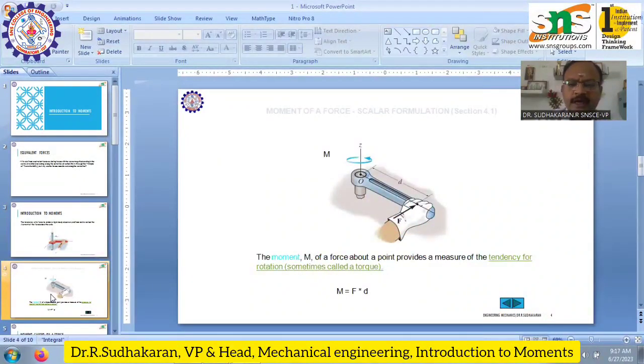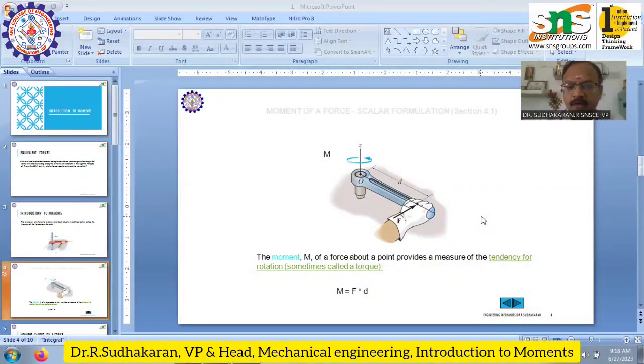Now you can see here, this figure shows a spanner attached to a bolt, and the bolt is made to rotate in the anti-clockwise direction. So the moment of a force about a point provides a measure of the tendency of rotation. Sometimes it is also called torque. And how to measure the moment?